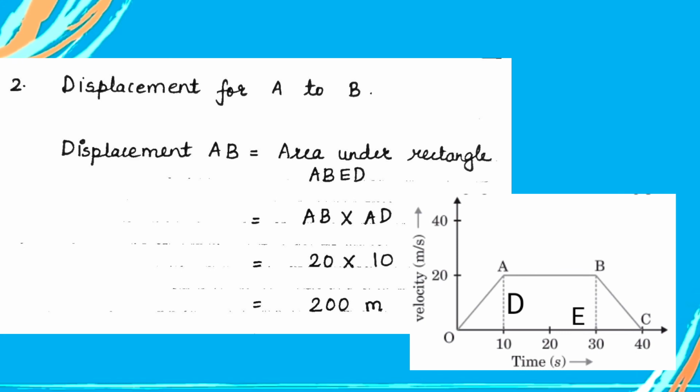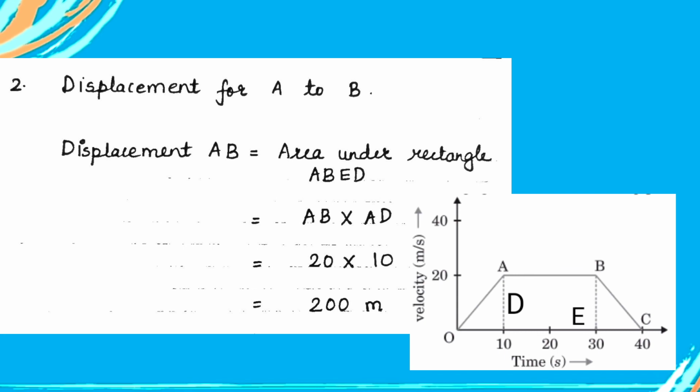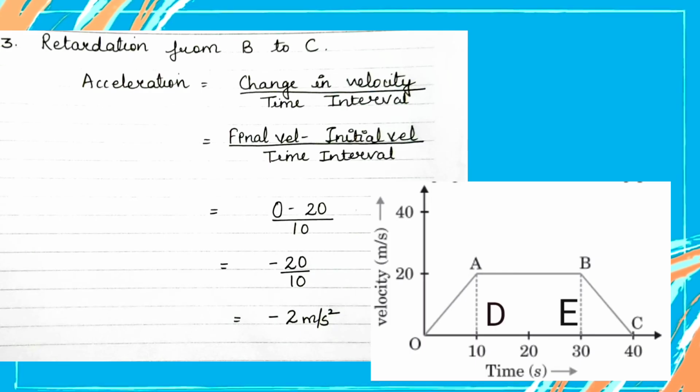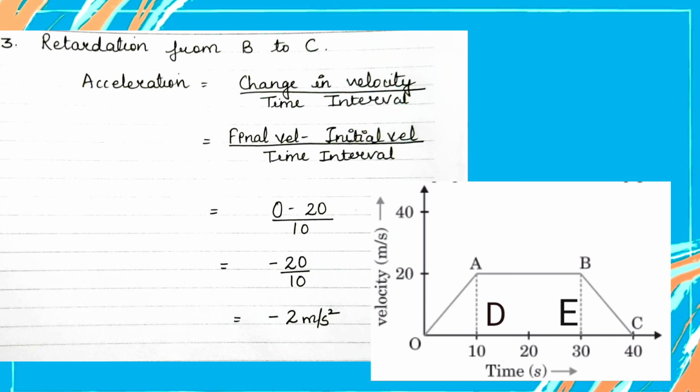Substituting the values of AB and AD, which is 20 multiplied by 10. These values are obtained from the graph itself. After substituting, we get 200 meter. So how much distance has the car traveled from A to B? It is 200 meter.